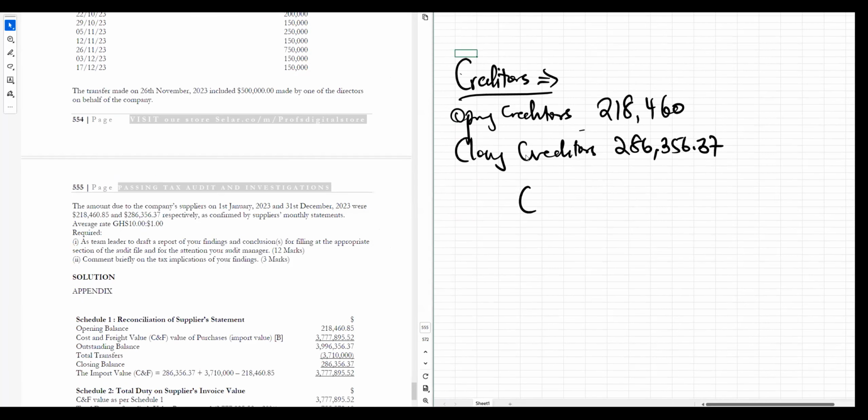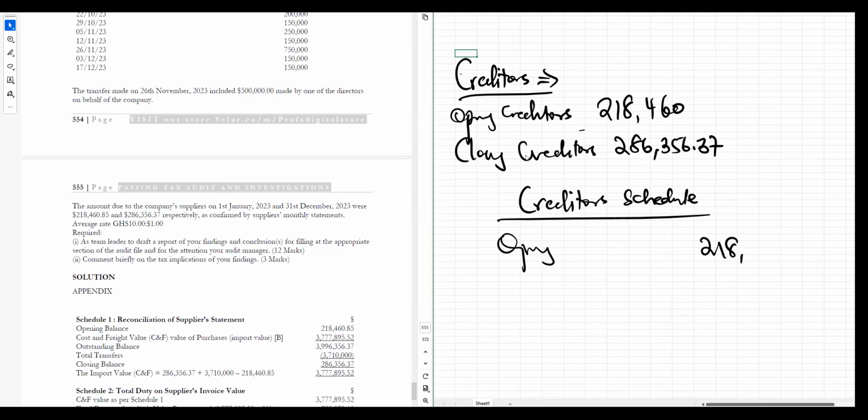So you remember the creditor schedule. How do we do it? We take our opening, which was 218,460. Then we would have had purchases for the year. Our purchases are the same as imports. Purchases and imports, is there any difference?